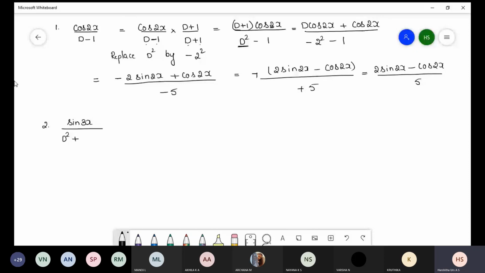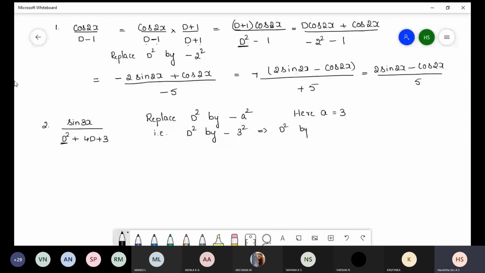Here in the denominator we already have D square, so directly we replace D square by minus a square. What is our a value in this problem? 3, ma'am. Yes, very good, our a value is 3. So 3 square, that means D square by minus 9.